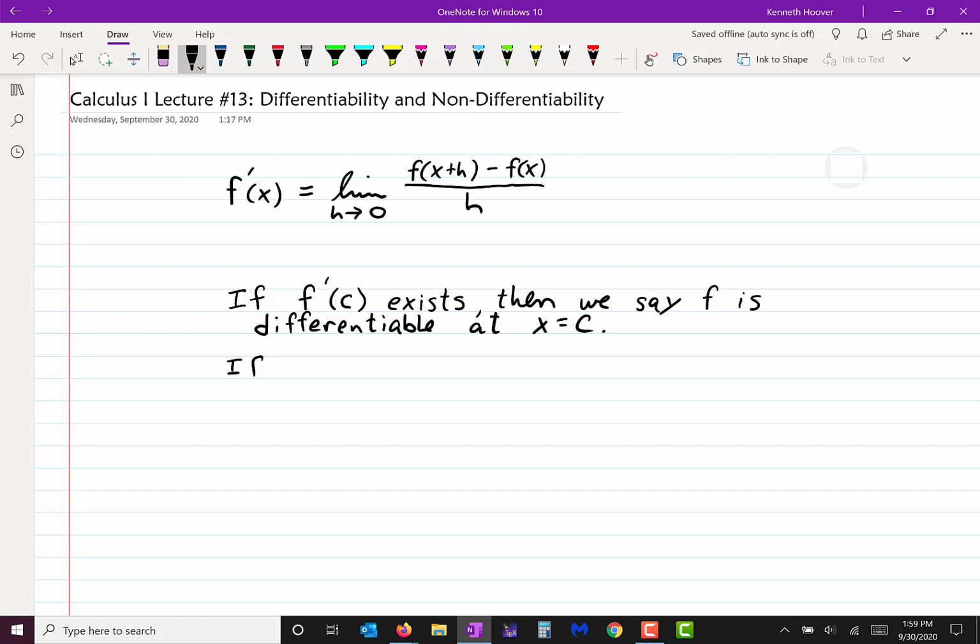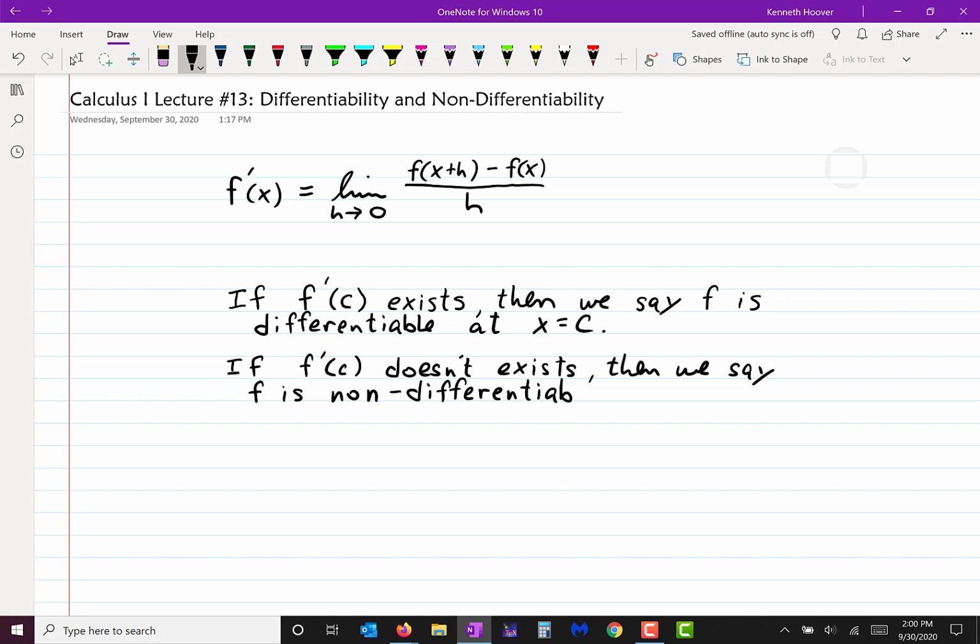And the alternative is if f prime of c doesn't exist, then we say f is not differentiable, or you can say it is non-differentiable, at x equals c.